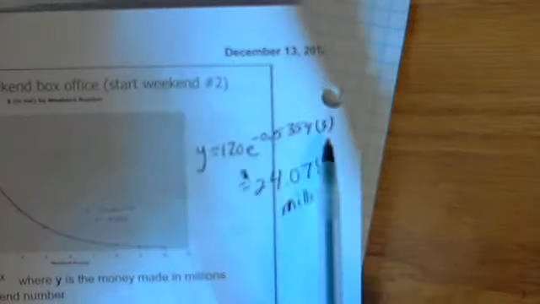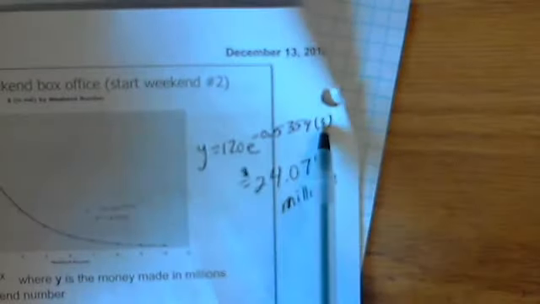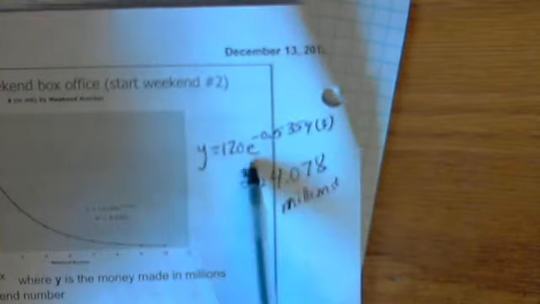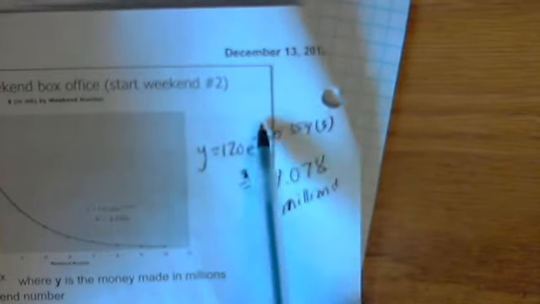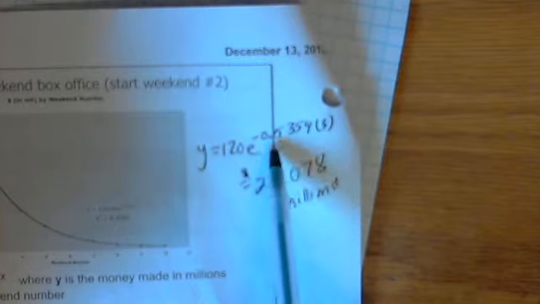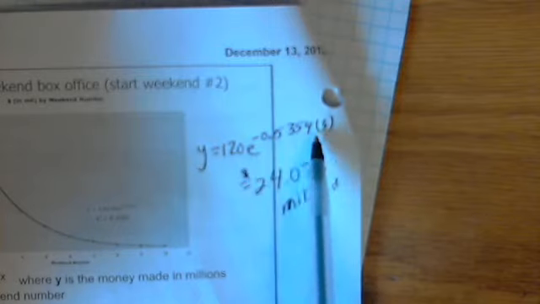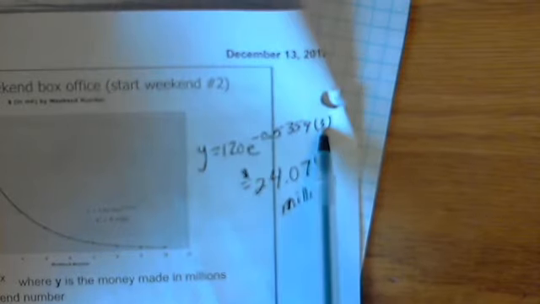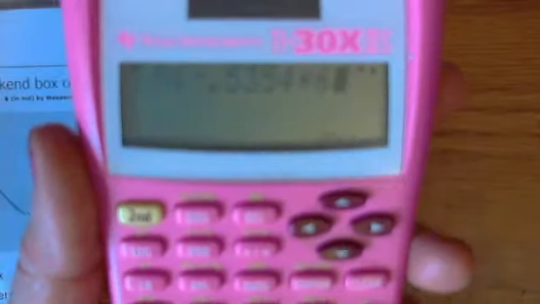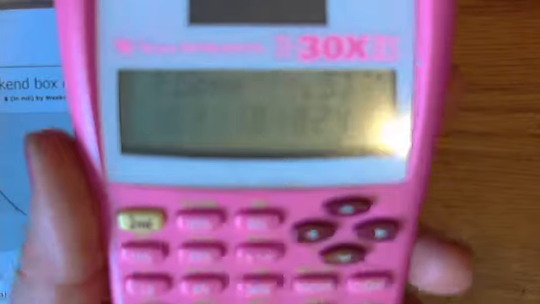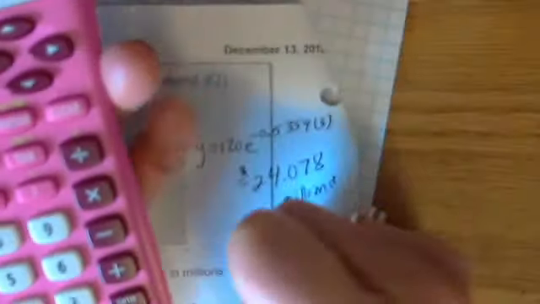If you don't have that ability on your calculator, you'll need to type this in again, but instead of putting a 3 here, you're going to put a 6 here. 120, press your e key, and inside the parentheses put negative 0.5354 times 6 this time, and then close your parentheses. I've already got it in here, and I get about 4, so this is week 6.